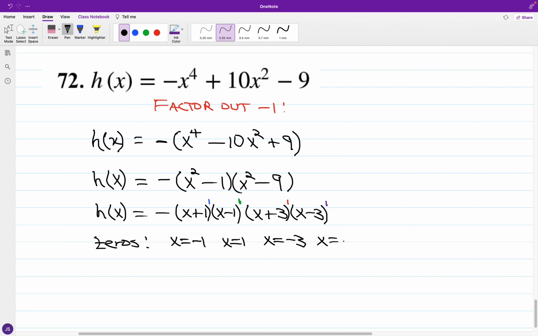And for x minus 3, I have that x is equal to 3. So now with the multiplicities, all of these will have multiplicities of 1.